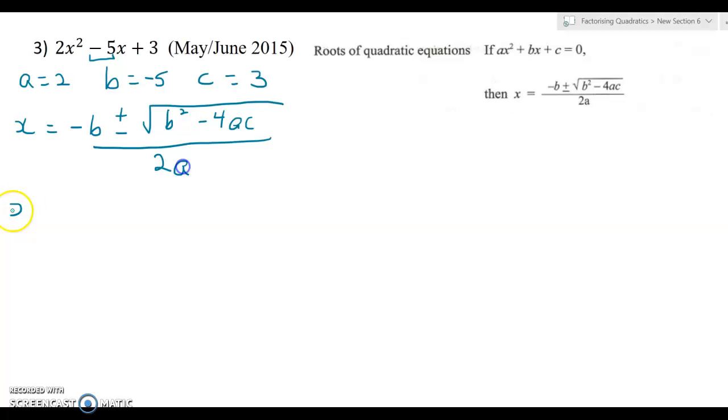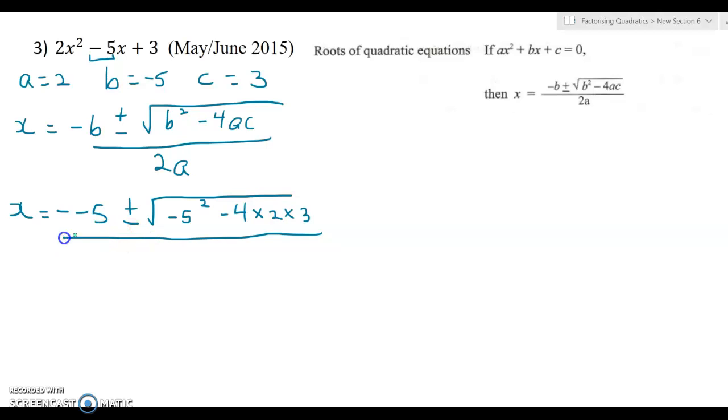Now B is what? Minus 5. So that's minus 5, plus or minus the square root of minus 5 all squared minus 4 times A, which is 2, times C, which is 3, all over 2 times A, which is 2 times 2.